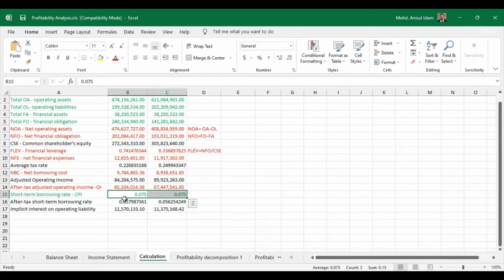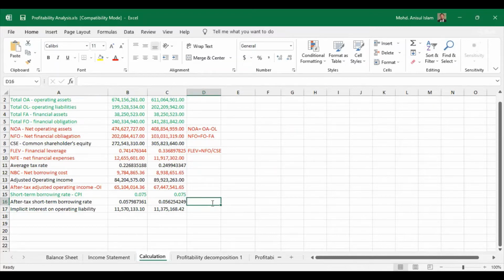So that's why we have taken the consumer price index as a proxy for short-term borrowing. Similarly, we know that this short-term borrowing rate should be considered as after tax. So again, we need to consider that this should be after tax interest cost. This should not be before tax interest cost.